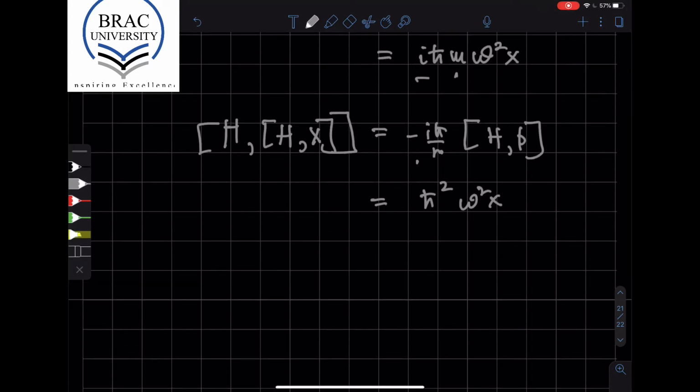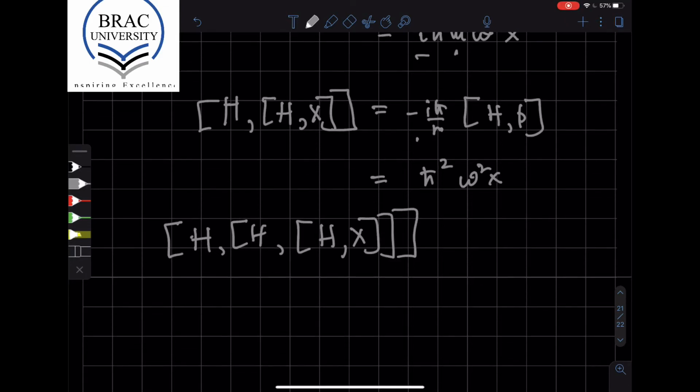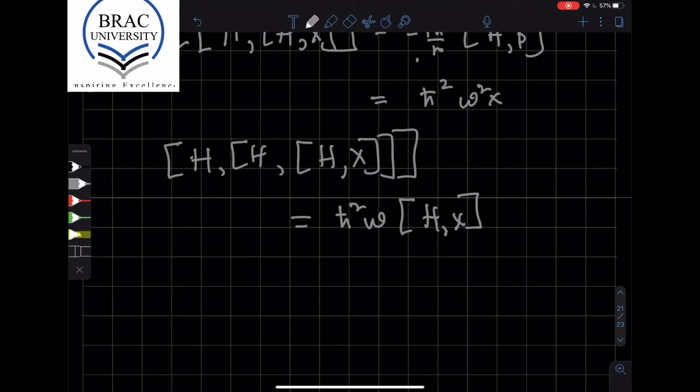So similarly, we can now evaluate the three nested commutators, and to do this we can use this, and then what we get is h bar squared omega squared, and then we have H and x, and therefore we are going to get minus i h bar cubed omega squared p over m.